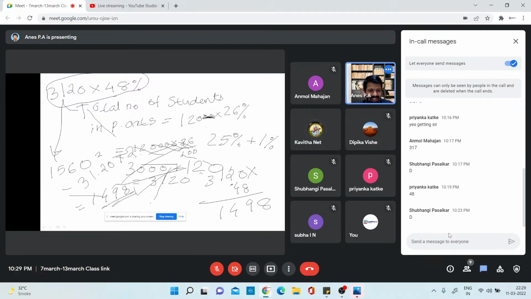So 2% is 31.20 into 2. So you get around 1498. Based on the option, I think in the options there is no point answer, so you just take that approximate value. You got it? Okay.